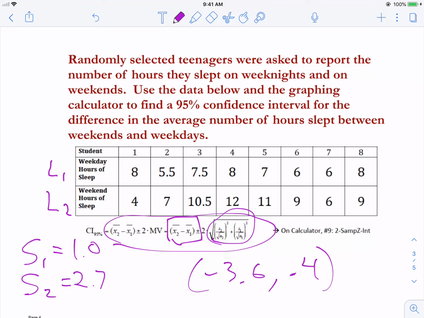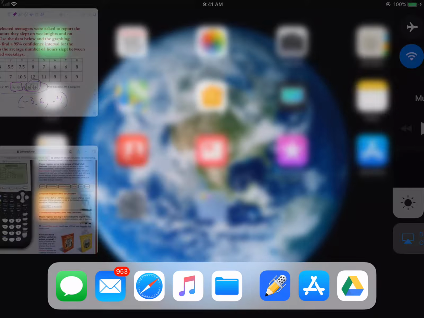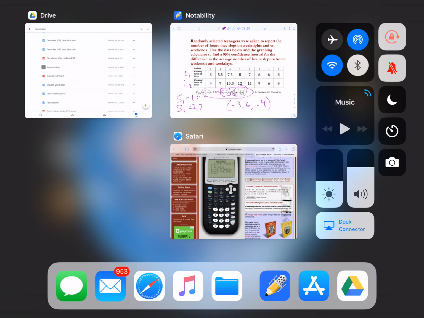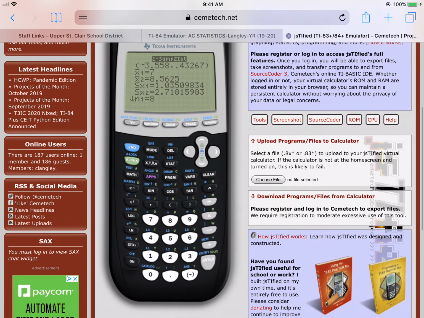Even though the two mean values do have some variation between them, we had said that the two means were 7 and 8.6.